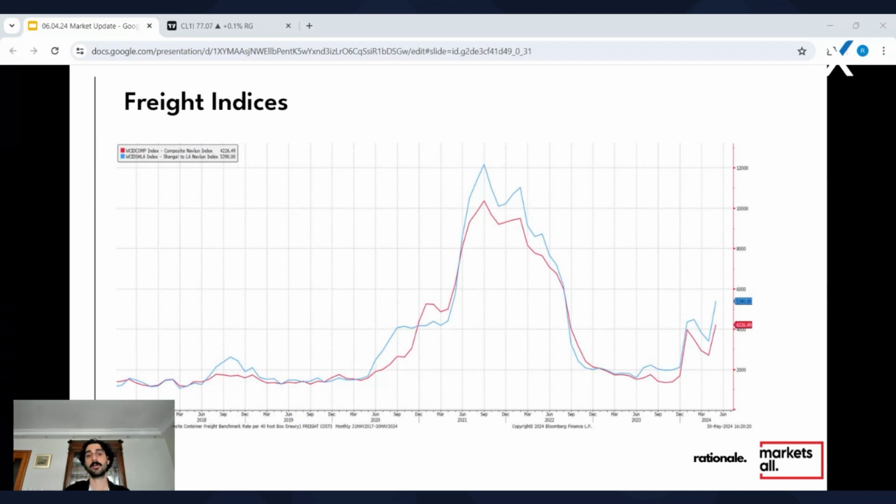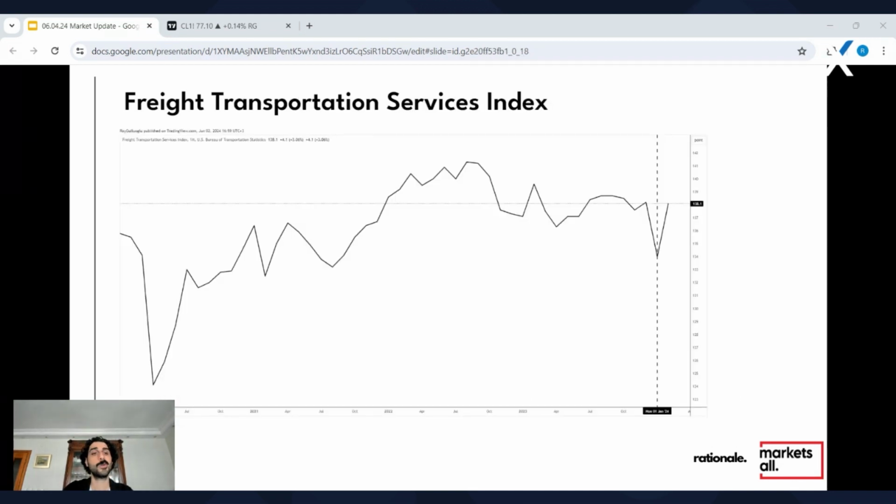Here the blue line is the freight index, particularly just from Shanghai to LA. The red line is the composite freight index. Apart from that, you can also follow the Baltic Dry Index, which is also related to freight costs. And you can also see the jump in the freight transportation services index year to date.